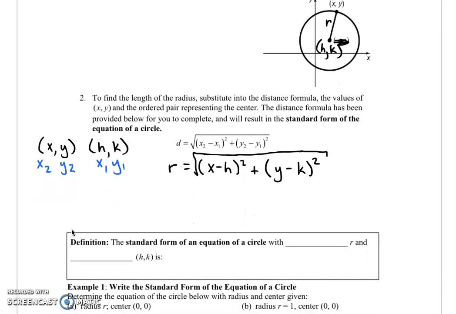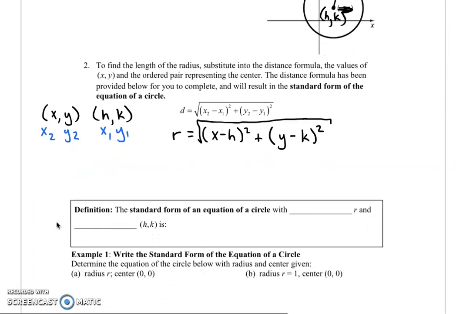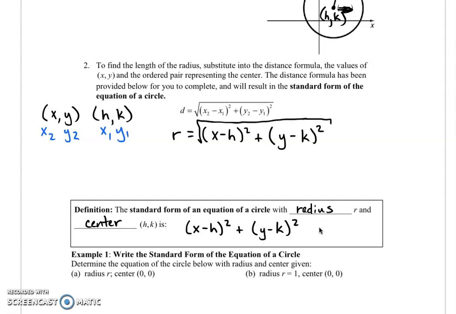Now, the definition of the standard form of an equation of a circle with radius r and center (h, k) is this: (x minus h) squared plus (y minus k) squared equals the radius squared.